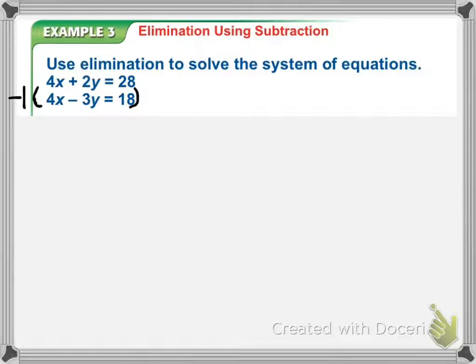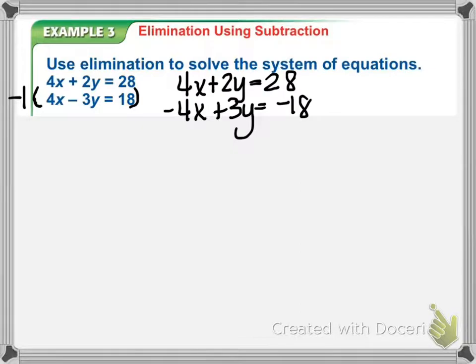So what that's going to do is change the sign on the 4, the sign on the 3, and the sign on the 18. So when you go to solve your system now, your 4x's match, but they're also opposites, so they're going to go ahead and cancel. So now you're back to what we just did. So go ahead and pause this one and finish solving it and see if you get the right answer.